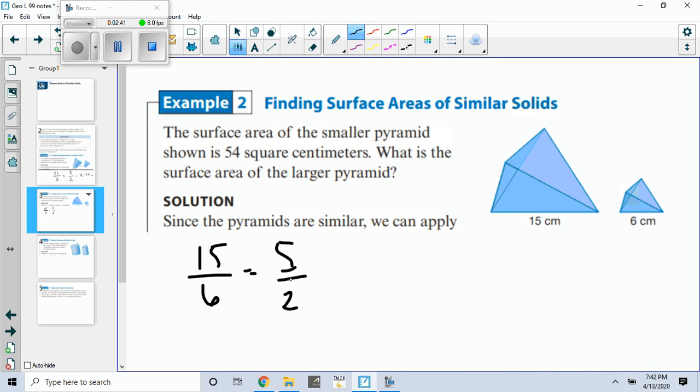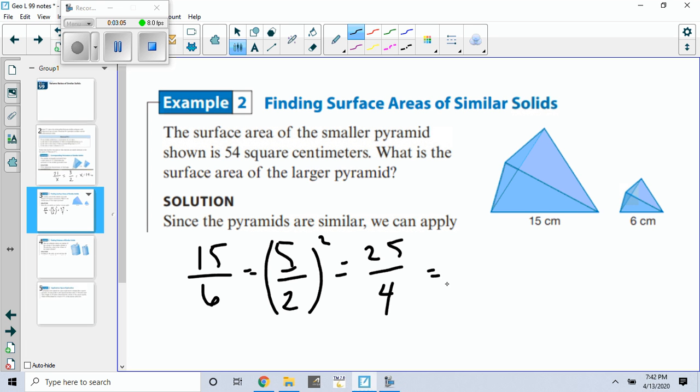So that's the scale factor of the sides, but it tells us that the surface area of the smaller one is 54. So if we were to square the scale factor, we'd figure out that it's a 25/4 ratio of the surface areas.